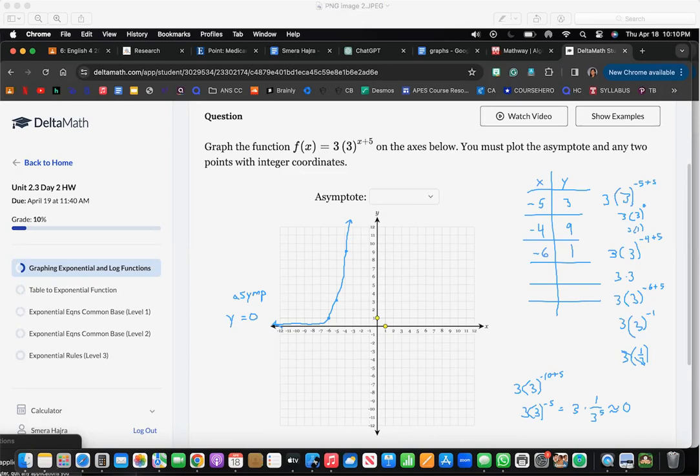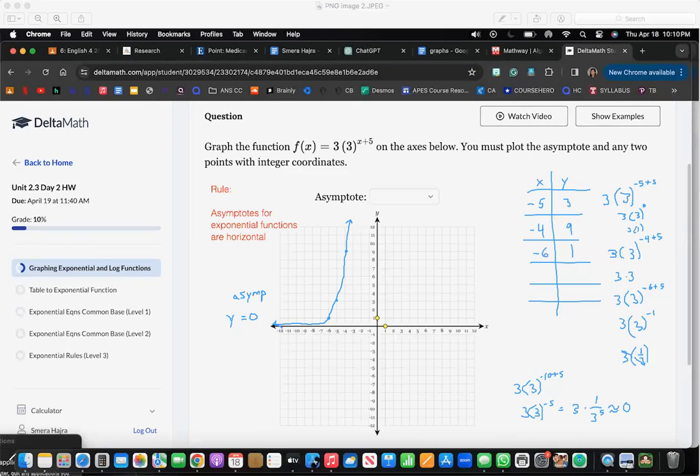So again, exponential functions are in the form y equals a times b to the x. So y equals a number times b to a power. In this case, this will be your a value. This will be your b value. Then you get some extra transformation stuff going on here, but it's generally a times b to the x.